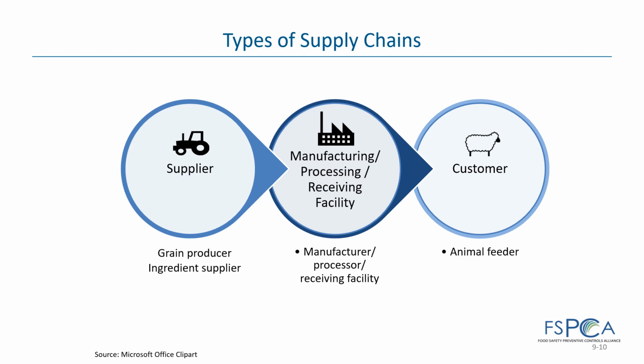So in this situation, the receiving facility is asking the farmer to control the hazard for them. And then this receiving facility is going to sell to their end user, which is apparently a sheep farmer that's going to feed this product to their animals. Okay, that's pretty simple.